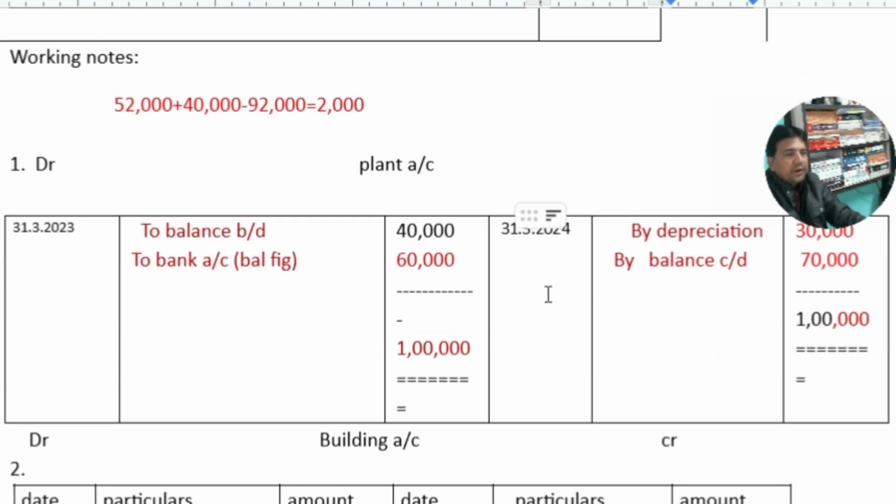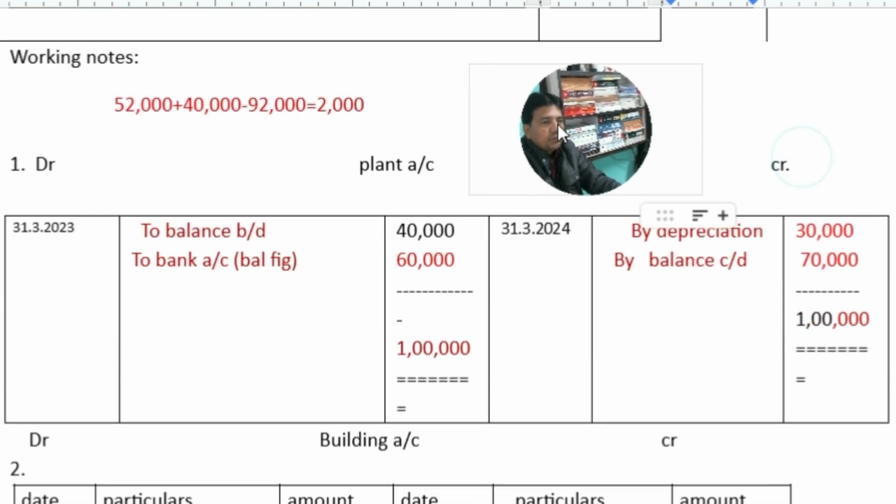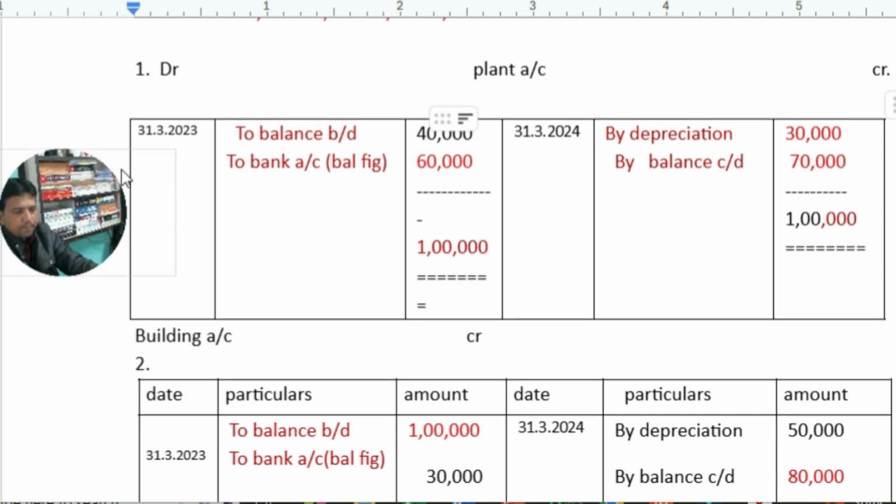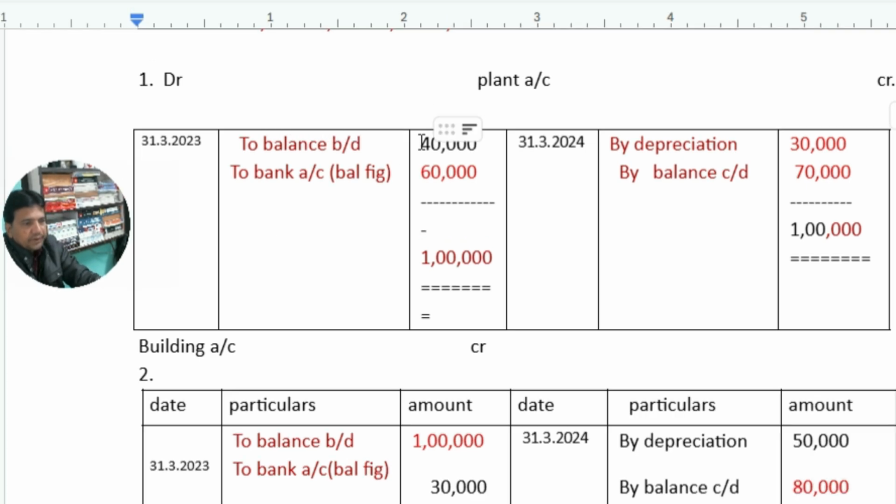Now here plant account. So regarding the preparation of plant account, ledger account is to be prepared in this manner. Now plant account working note, opening balance 40,000, that is the balance of 2023 31st March, and depreciation is given in the adjustment rupees 30,000. This is 30,000 depreciation credit side, and closing balance always credit side.